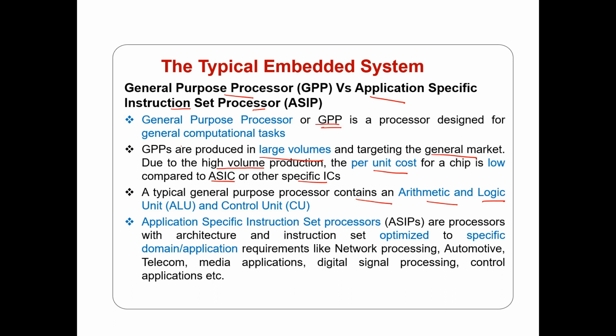The application specific instruction set processors are processors whose architecture and instructions are both optimized to specific domain or application requirements. They are used in network processing, automotive electronics, telecommunication, media applications, digital signal processing, and control applications.